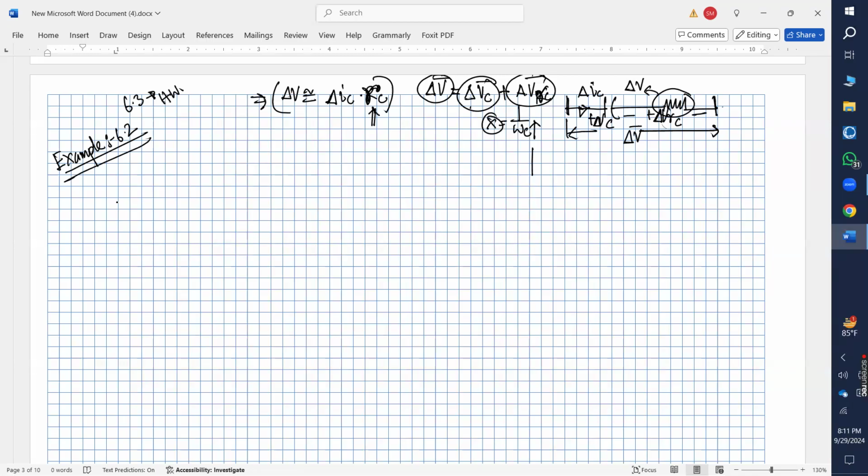So in your example 2, what is happening here? They said design a buck converter to produce an output voltage of 18 volt across a 10 ohm load resistance. So let me draw the buck converter first. Suppose this is my buck converter.